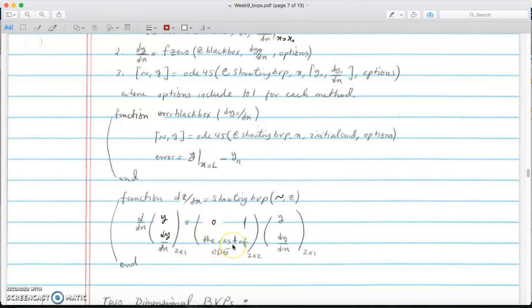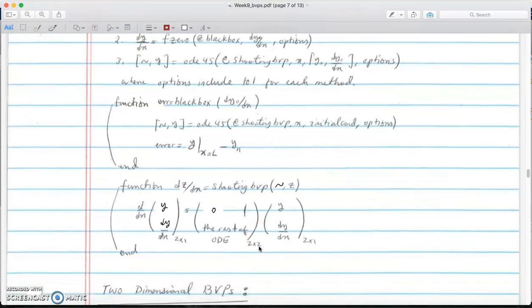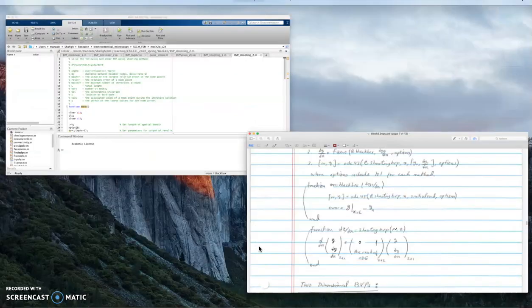We have to convert the rest of the equation other than d squared y dx squared into an equation, and then write that into the last row of this matrix form of the differential equation. So now let's go back to the Matlab script and see how we can implement this in Matlab.